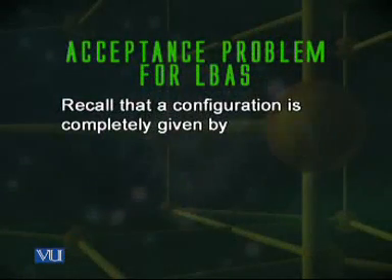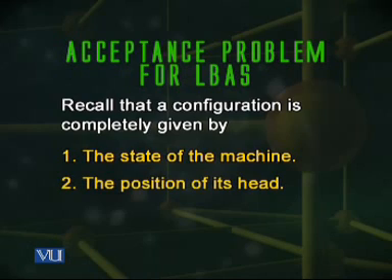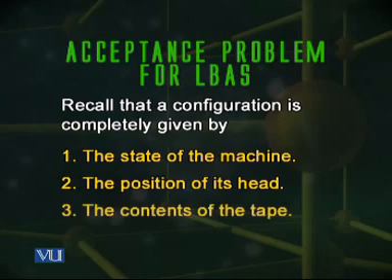Why is this? Well, let's recall what a configuration is. A configuration is completely defined by the following three things. A, the state of the machine, B, the position of its head, and C, the tape contents. So you have to tell me what state the machine is in, what are the contents of its tape, and which symbol is being scanned by its head.